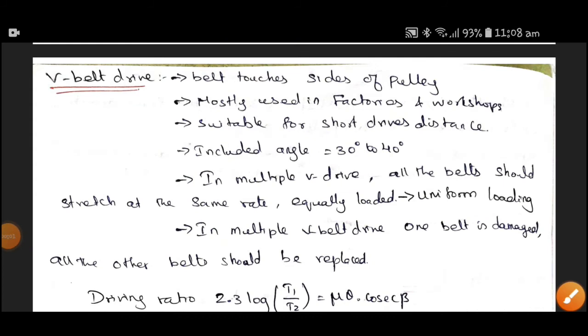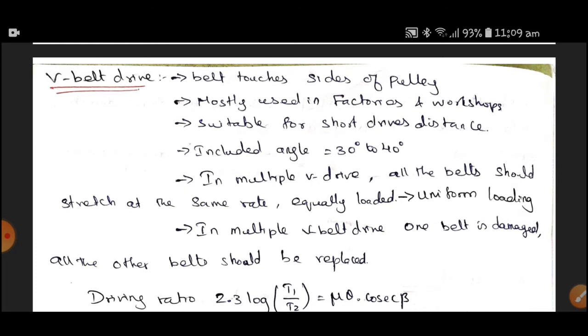Next, it is the V-belt drive. V-belt drive is very different from the flat belt drive. In the flat belt drive, the belt is flat as well as it is not a closed form. The V-belt drive is V in nature. The pulley of the flat belt drive is flat or a crowned shape, whereas for the V-belt drive, the pulley should be grooved as per the V shape, and the belt is very much closed.